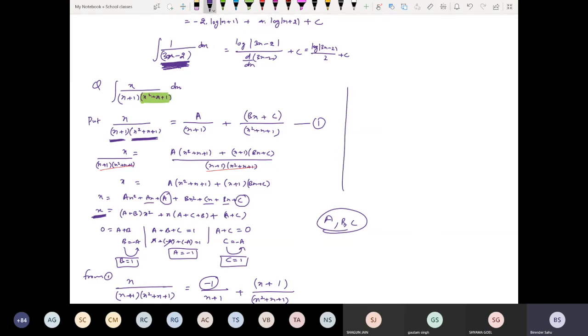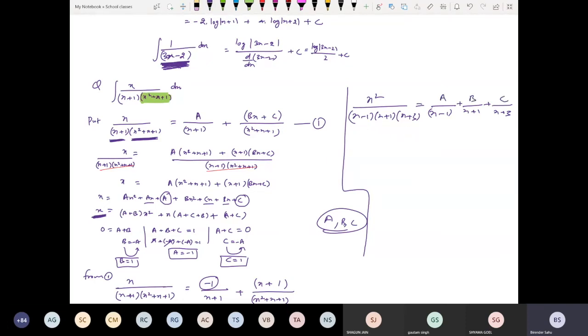See, I'm again repeating. Suppose we have x square over (x minus 1)(x plus 1)(x plus 3). See, this is linear, this is linear, this is linear. So there are three linear terms. No worries. We will take them separately, but in the numerator it will be constant terms a, b, c.